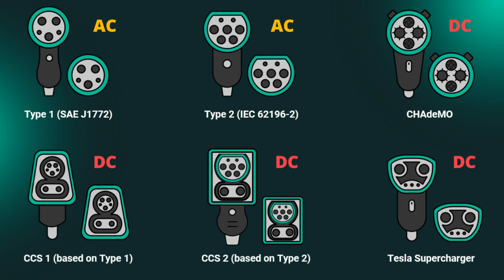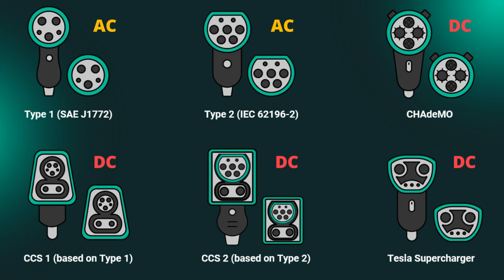CCS Combo Type 1 and Type 2. These are a combined connector type that allows you to use both slow and fast charging points. The connector can be operated due to inverter technology that converts DC to AC. The CCS combo connectors are not the same for Europe and the US and Japan.